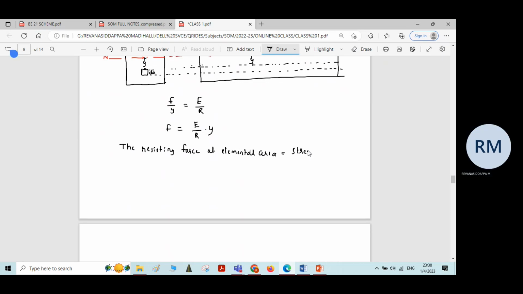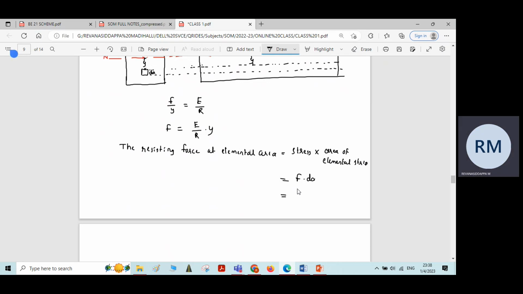Stress multiplied by area of elemental strip, which is equal to F into dA.